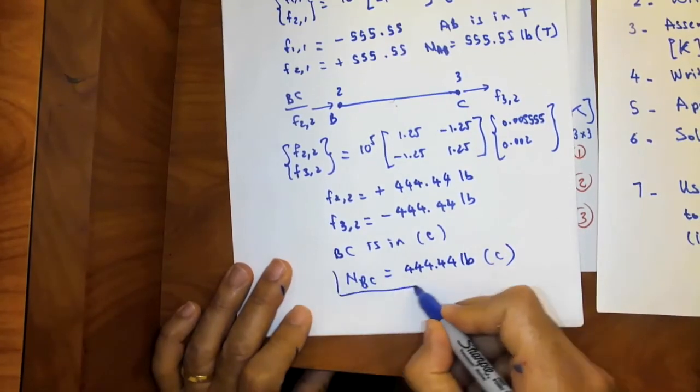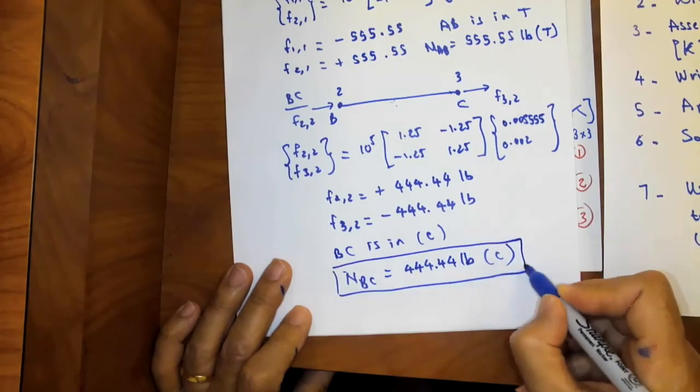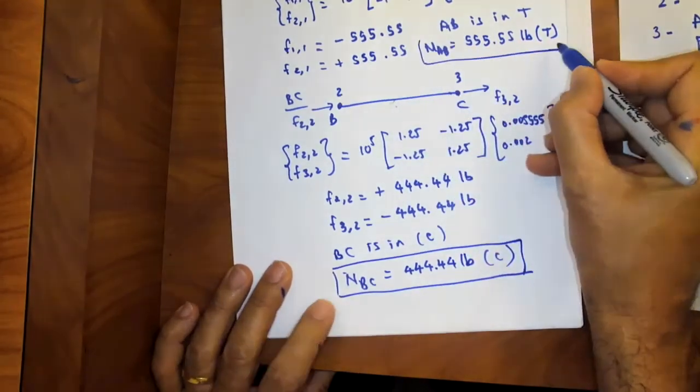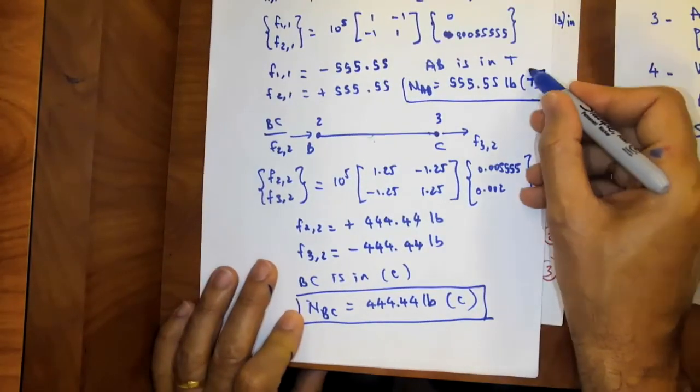So this is the internal force in BC. This is the internal force in AB.